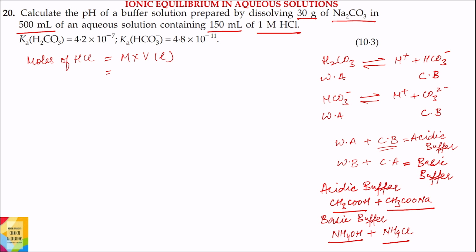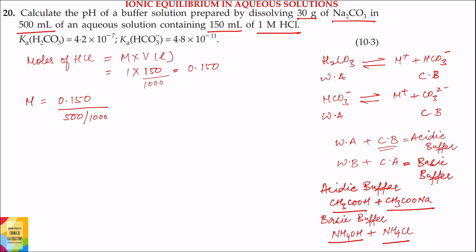This will be equal to 1 into 150 divided by 1000. So this is 0.150 moles. This is the moles of HCl present in 500 ml of solution.